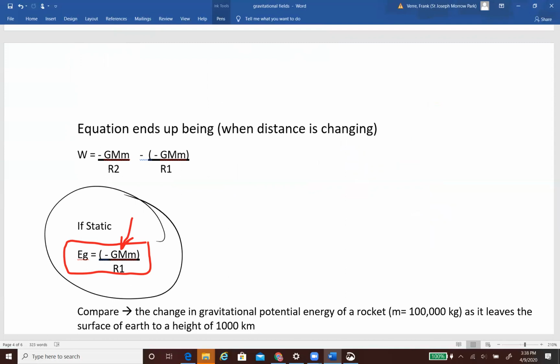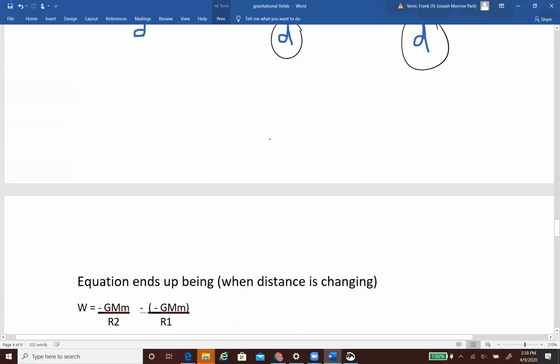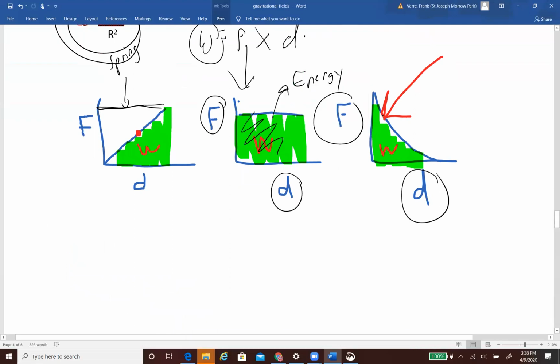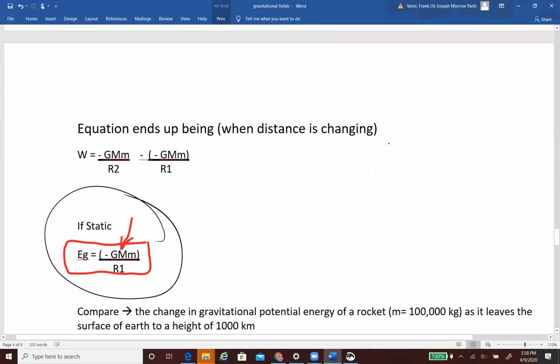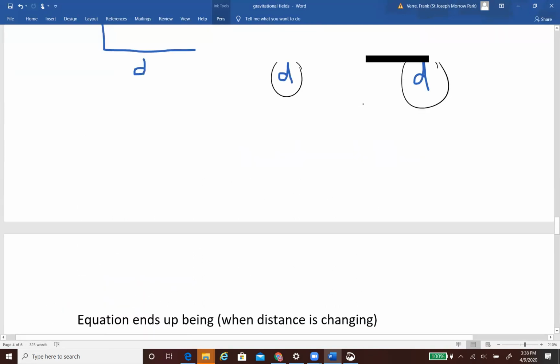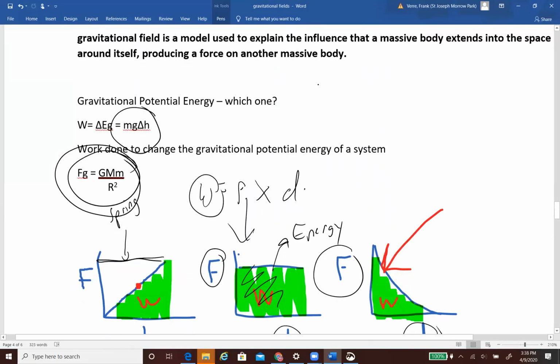Now, what we can do is use this, because this represents the area under that curve. We can use this as a way to actually measure the energy or change in energy using the universal law of gravitation, and actually compare it to the equation we used last year for work, which is mg delta h.